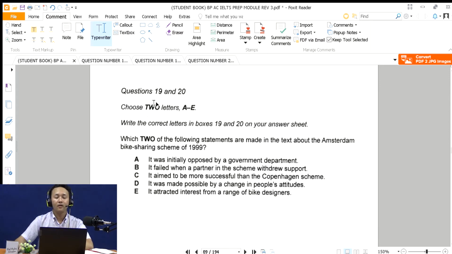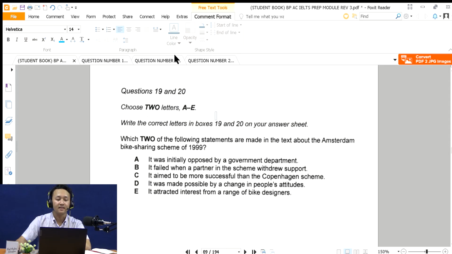Only for this kind of multiple choice question, let's say the answer for 19 is A and for 20 is E. When you write it on your answer sheet, you can write 19 A, 20 E, or you can put the answers in the opposite order, 19 E, 20 A.